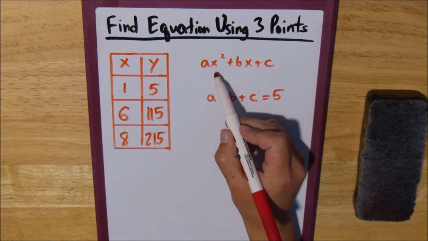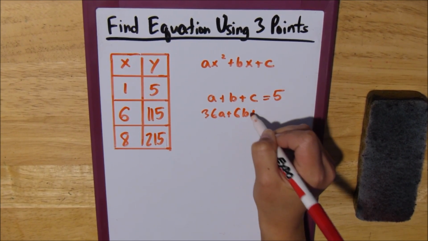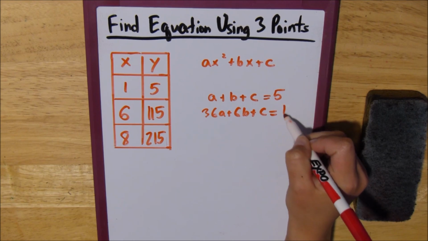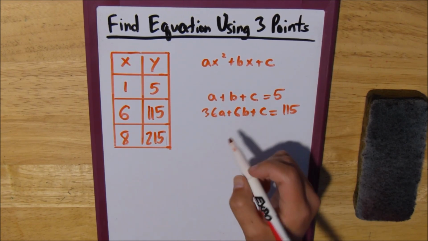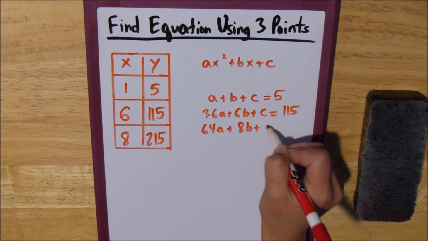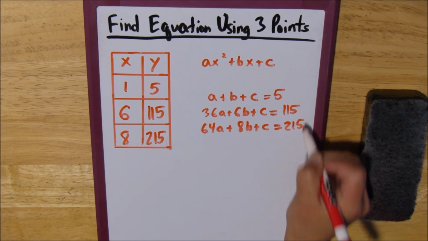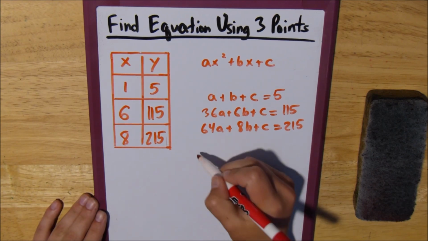So 6 squared is 36, so 36a plus 6b plus c equals 115. Then we have 8 squared is 64, 64a plus 8b plus c equals 215, right?